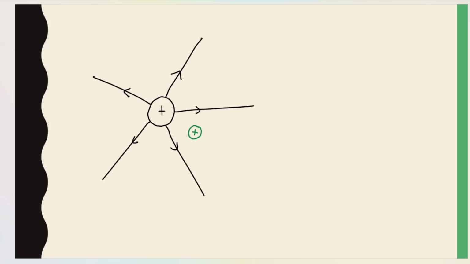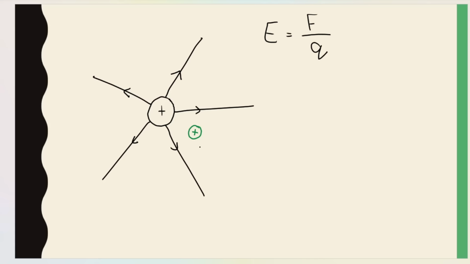Then I place another charge within that field. So it's a second charge, placed within the field of the first charge. What the formula I just showed you allows me to calculate is either the electric field at that exact point, or the force experienced by this charge at that point within the electric field.